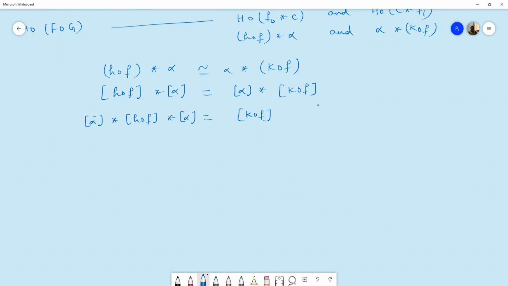So this we wanted to prove. It means our K star is basically alpha cap circle H star.